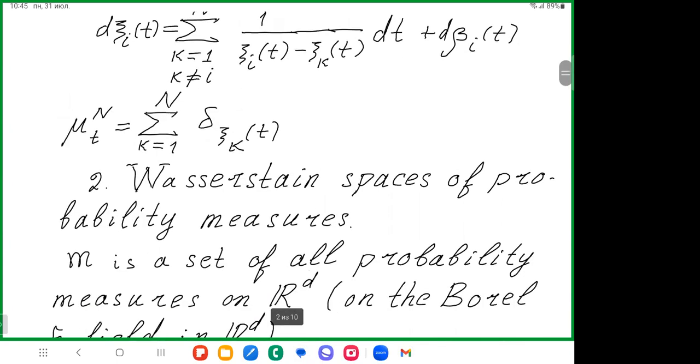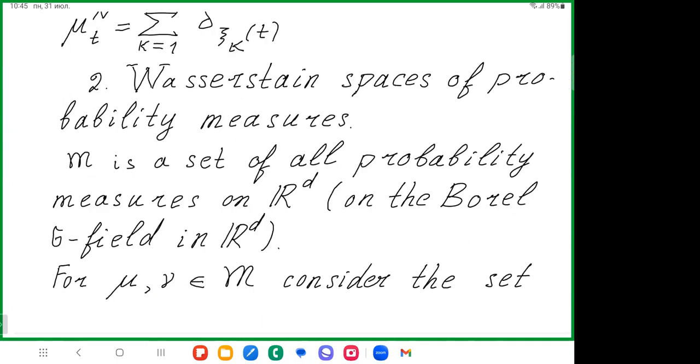Suppose that we consider the set of all probability distributions on the Borel sigma field in R^d. I will always suppose that all our measures are on the Borel sigma field of R^d or some other space.